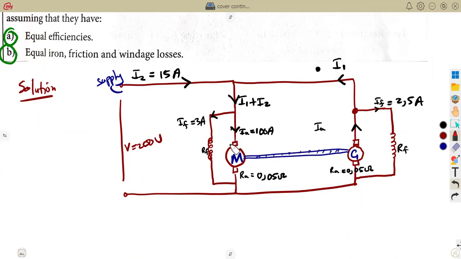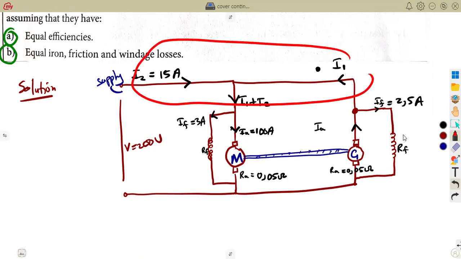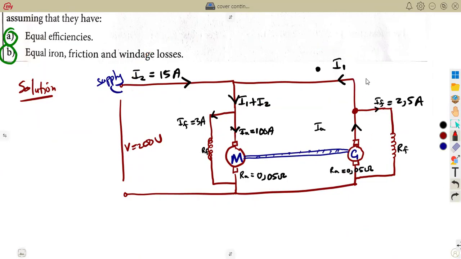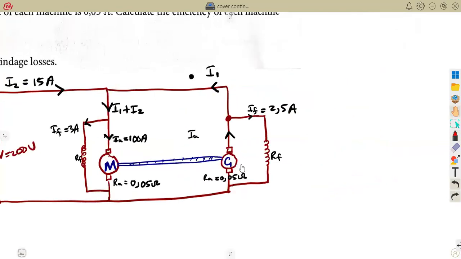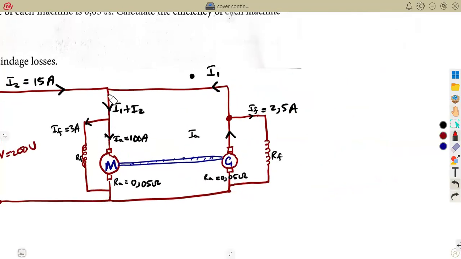Is it going to be from the motor or from the generator? Or is it going to be from these currents, I1 and I2? From what we are given, we can see that from the generator, guys, it's difficult because we are only given one current, this one, IF. We do not have armature current. We do not have I1. We just have IF. So it's difficult. On the motor, we can figure out something because of our Kirchhoff's law, guys, the current here is flowing.